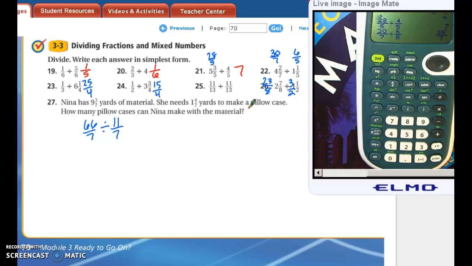That is 25 over 7. Seven will go into 25 3 times with 3 left over. I'm sorry, that's 4 left over. 3 and 4 over 7.